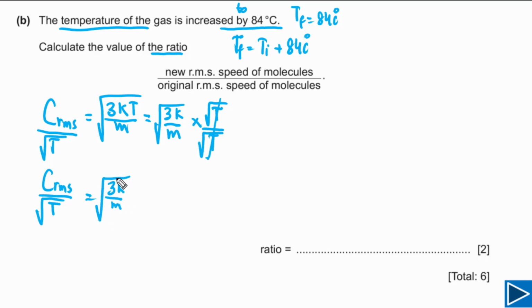If you look at this side, you can see 3 is a constant, k is the Boltzmann constant, and m is the mass of one molecule, which is also constant. So we can say this is equal to some constant. The ratio between these two is equal to a constant. So if temperature changes, it means c RMS will change.